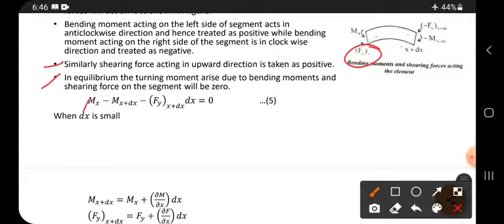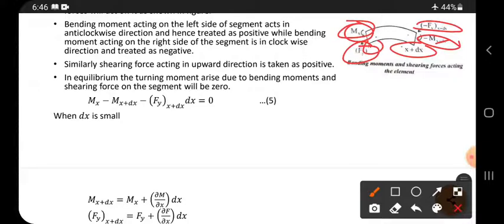From here the distance is dx, so here x, then x plus dx on this side. At x we have Mx and Fy, and at x plus dx only this force is taken; no need to consider the other one.